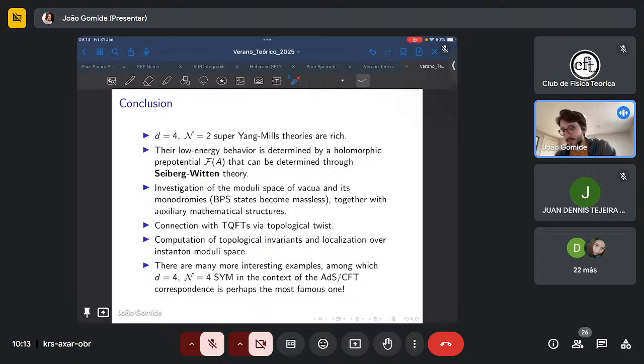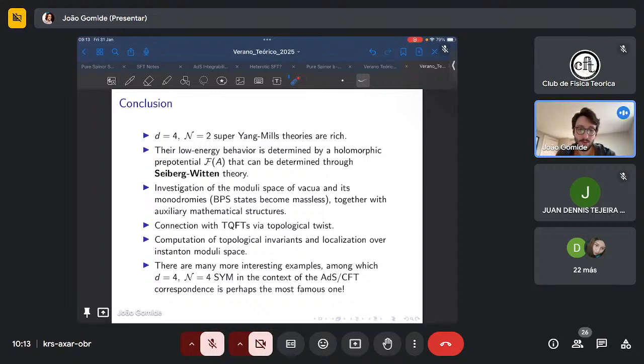And at the end, I just made this very quick comment about topological quantum field theories, which compute topological invariance and localize over a particular subset of the moduli space of fields. So this is not the only interesting supersymmetric gauge theory, there are many more, as I said.